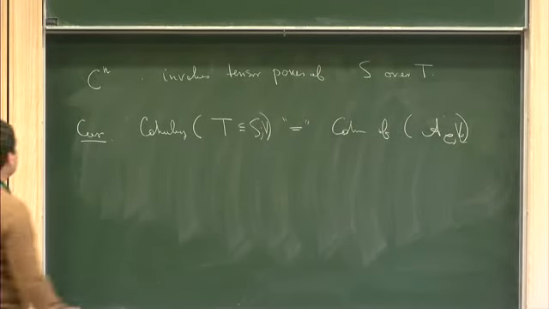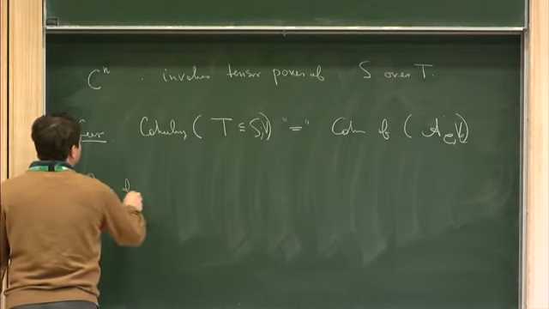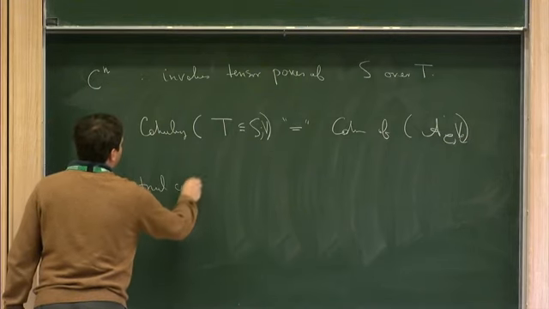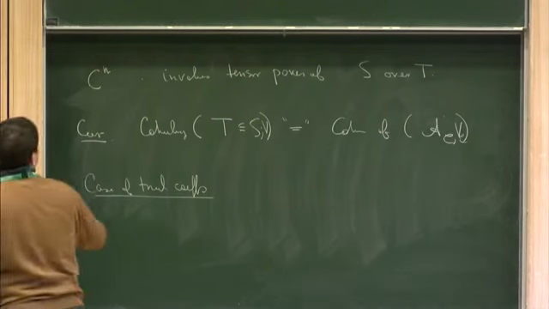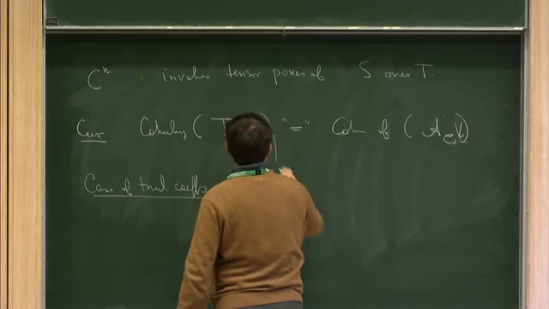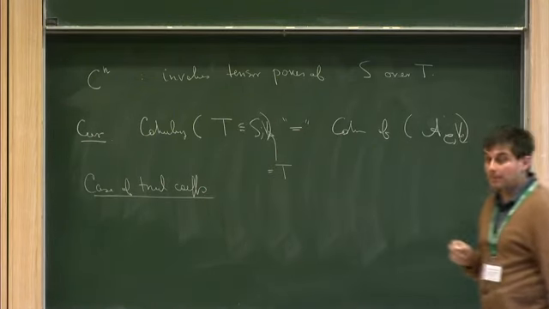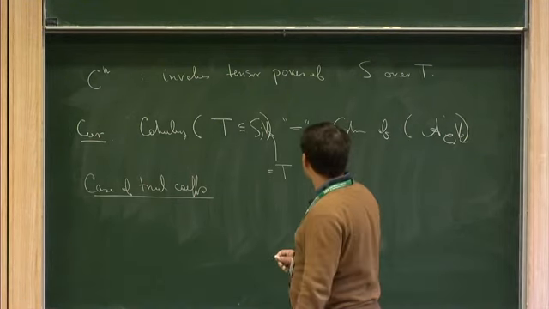But this has a nice corollary, because if you take the case of trivial coefficients, so in this case the trivial coefficients correspond to choosing this V to be simply equal to S itself.